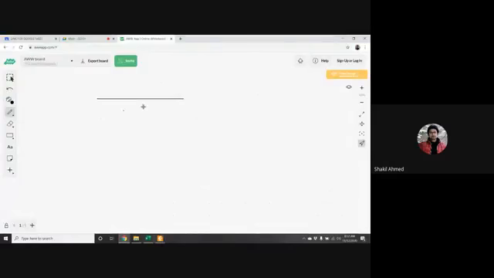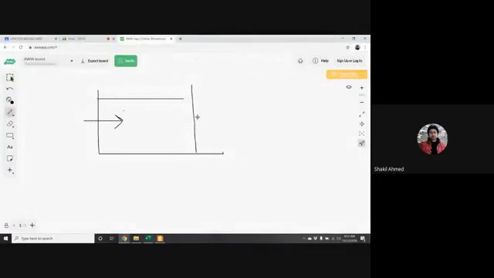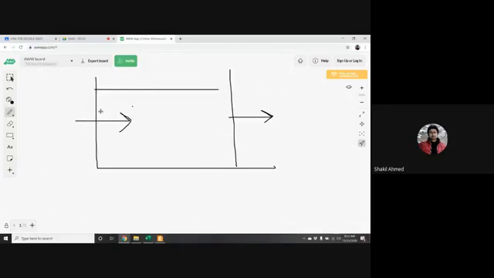So if you have a detention tank here, sedimentation tank or detention tank, water comes here and exits from here. Now, if the particle is very small, then it is very difficult to settle them down. Are you following me?